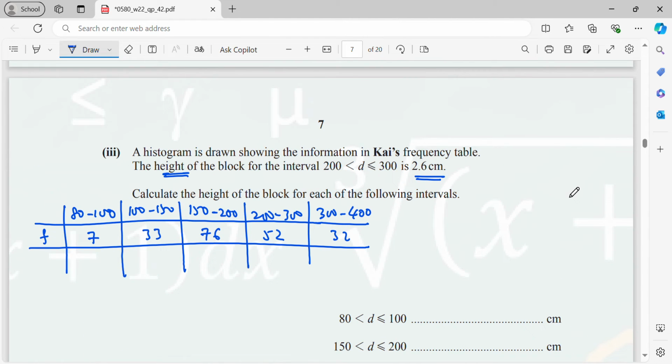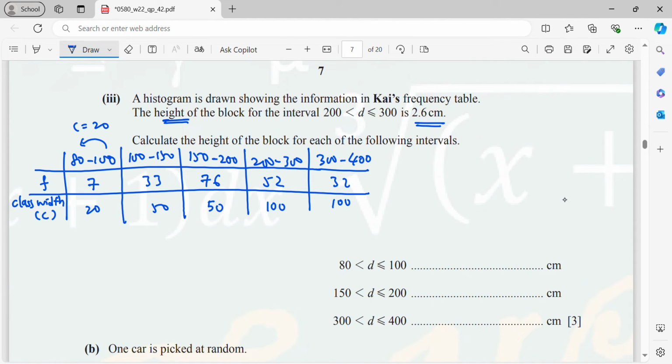Okay, so from here I will calculate the class width, which is C. So just minus: 20, 50, 200 minus 50, 150 is 50, 300 minus 200 is 100, 400 minus 300 is 100.